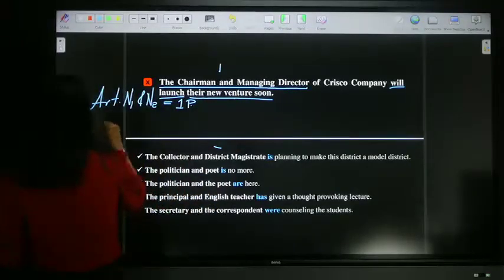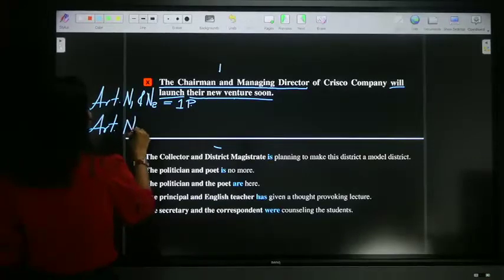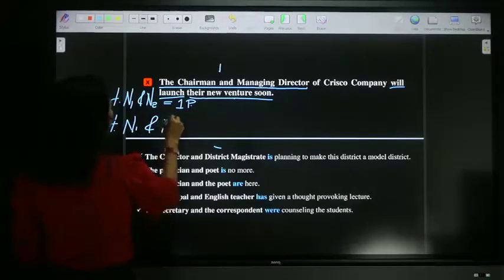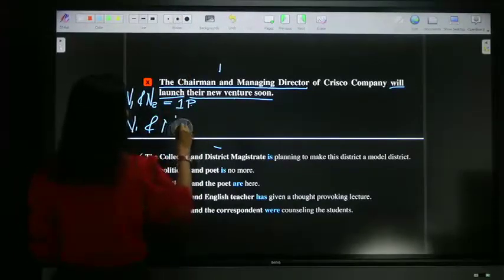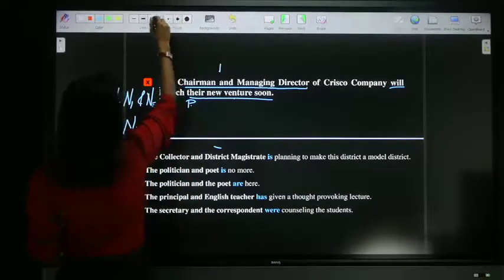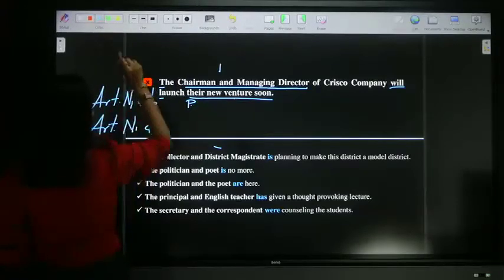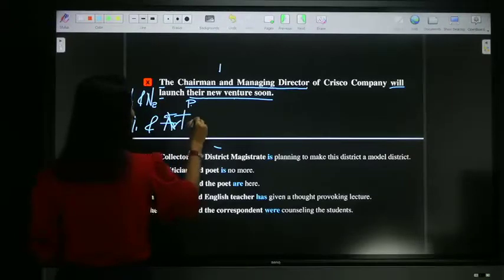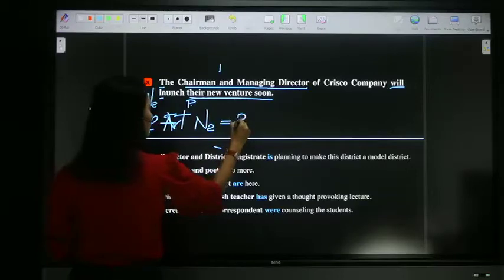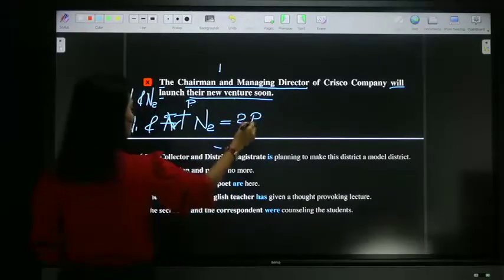For example, if there are two different articles before two nouns connected by and, like article 1 and article 2 before two nouns, that means there are two different persons.